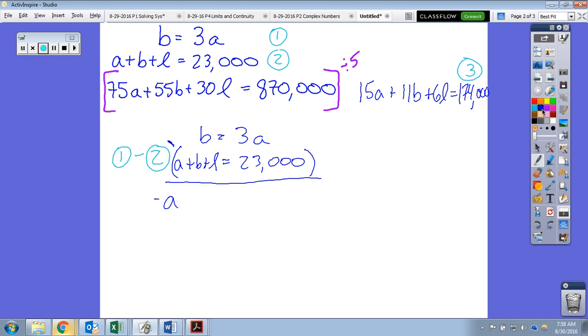All right, so I have a b. What's b minus b? The whole reason we did this was to eliminate the b's. So they're gone. I don't have an L here, so what's 0L minus 1L? -1L, yep. I could write plus -L or just write minus L, it's the same thing. Equals 3a minus 23,000.